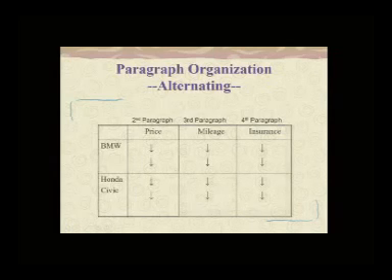Okay. The topic sentence on alternating is only going to mention the evaluative criteria, the feature, the trait that you're going to evaluate on. It's important when deciding to buy a new car for the consumer to look at the overall price of the car. If a consumer is interested in a BMW, then I don't introduce the two subjects until after I've introduced the criteria, because it's driven by the criteria.